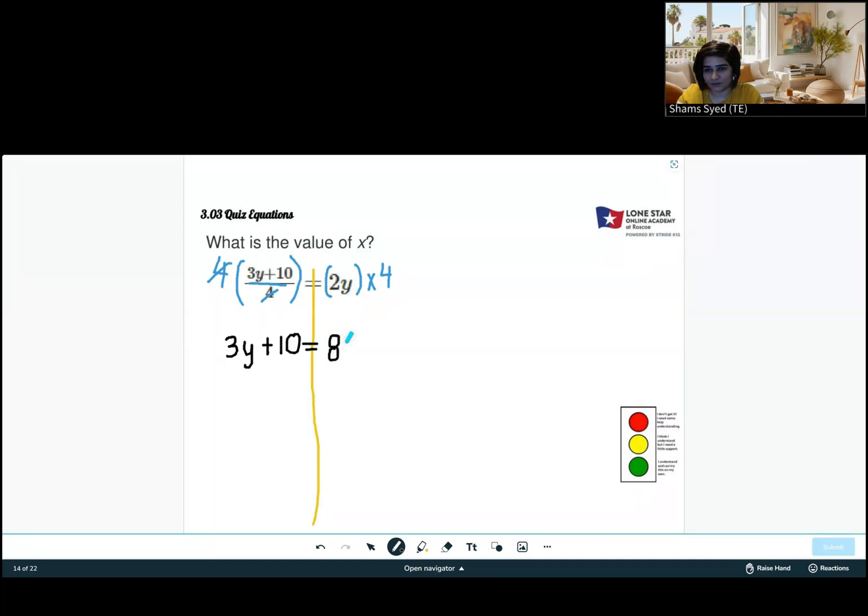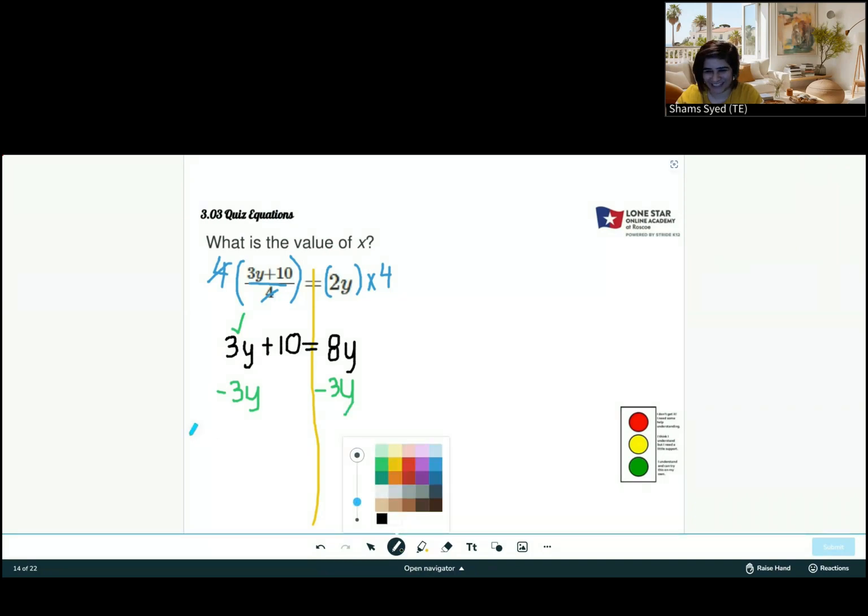We want to move the smaller variable over. And notice the smaller one is 3y. Subtract 3y from each side. You will wait patiently.